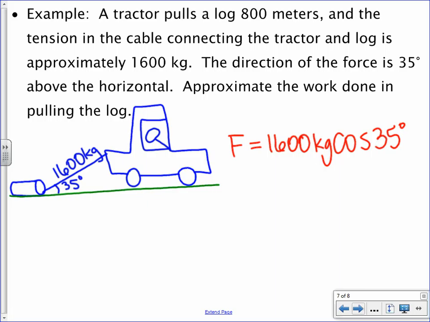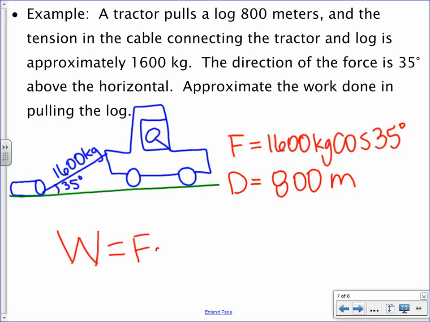What's our displacement? 800 meters. So our work is force times displacement. Multiply those two together.